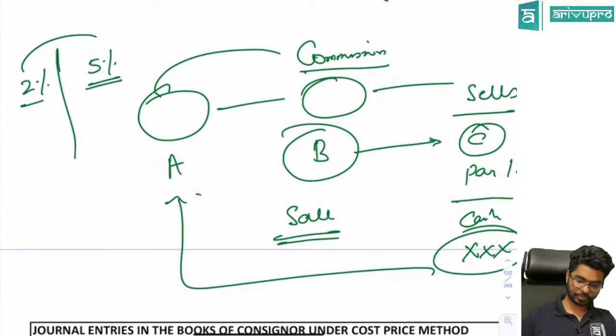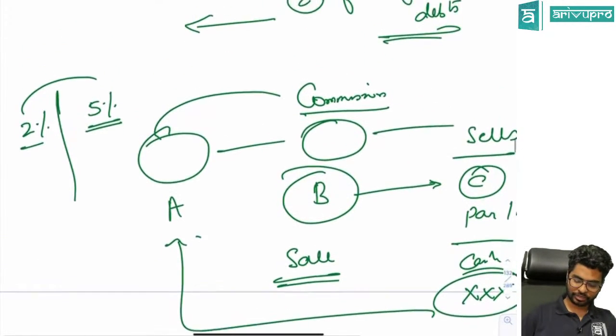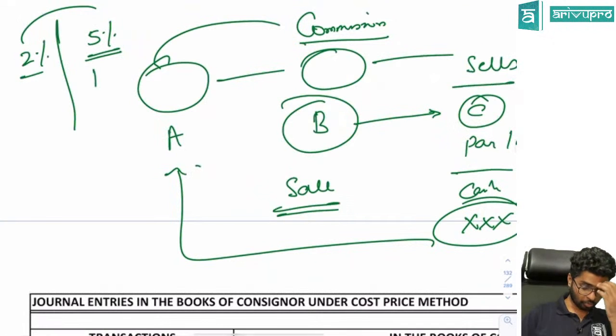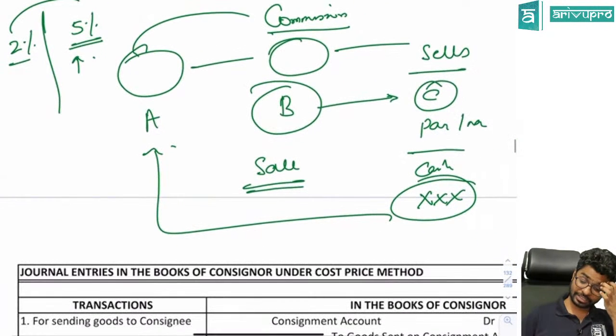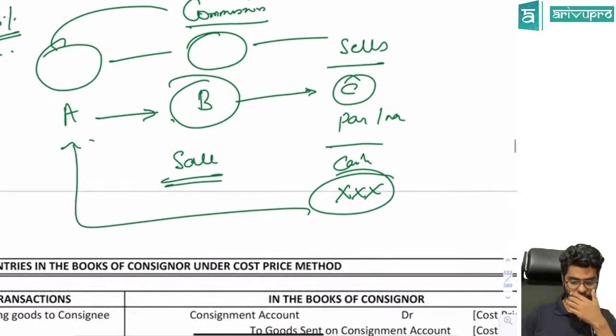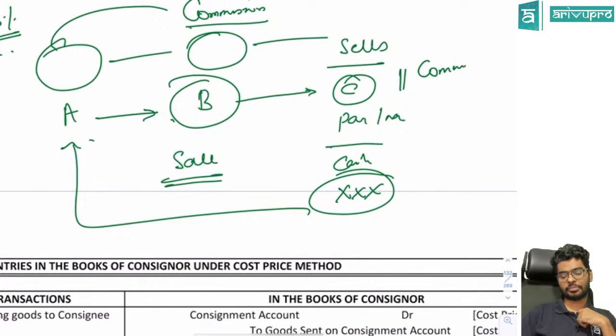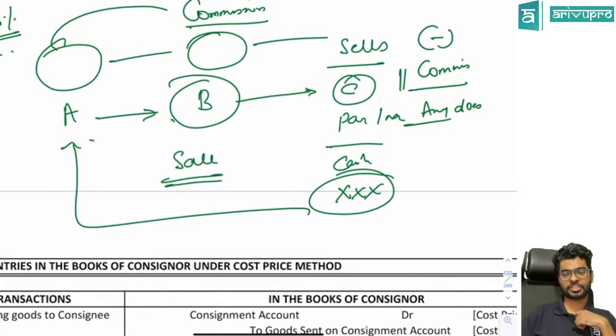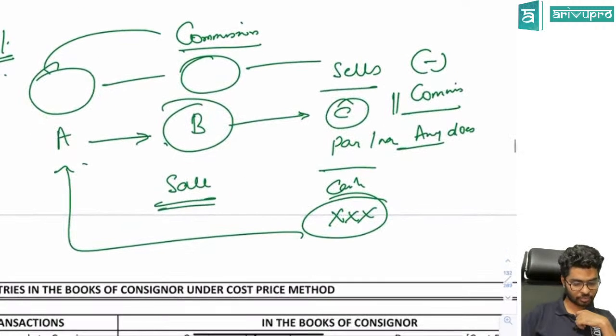So for more commission, what A will tell B is, boss, you sell, you are anyway going to be getting a commission. If any customer does not pay the money, I will reduce your commission. This kind of commission we call del credere commission. Are you clear?